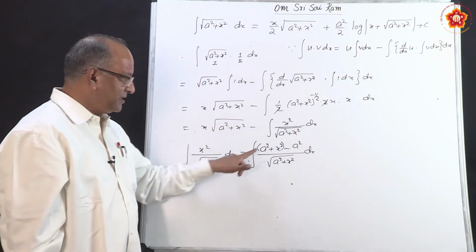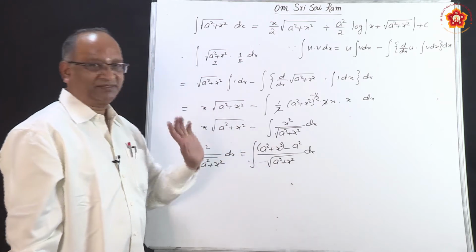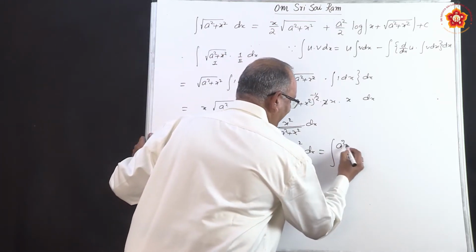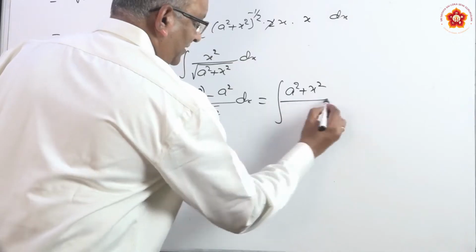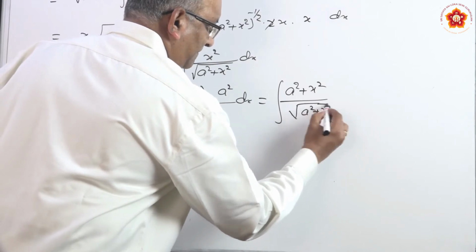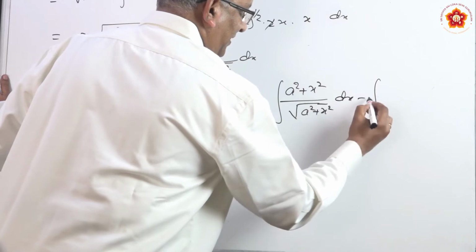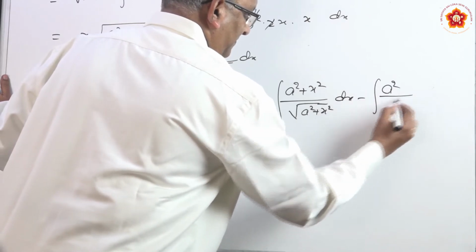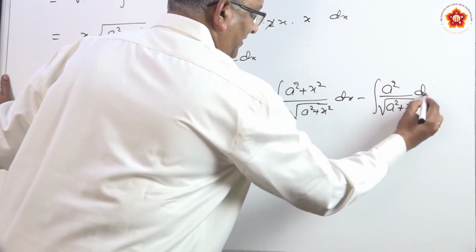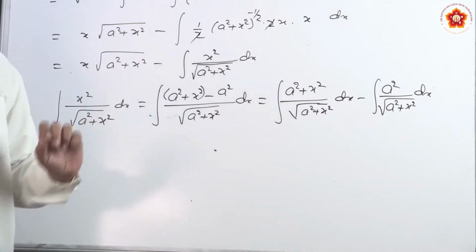What are the integrals? (a square plus x square) by this, minus a square by this. Observe, this can be written as the integral of (a square plus x square) by under root of a square plus x square dx, minus a square upon under root of a square plus x square dx. Observe this, it is something like 2 by root 2.